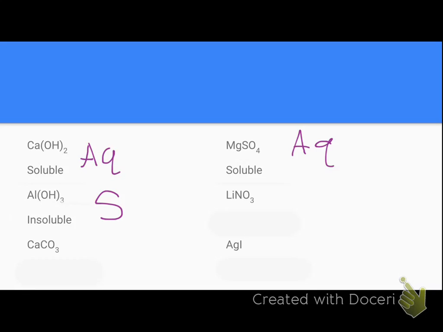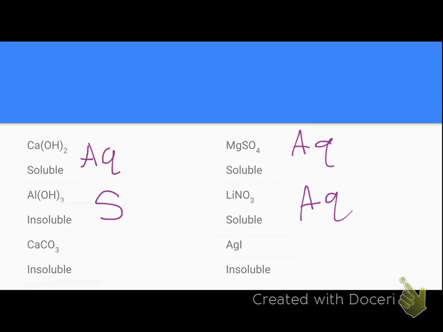Lithium nitrate, find nitrates on your sheet. All nitrates are soluble, so that means this is going to be aqueous. I want you to try the last two on your own. Pause it, check through your chart, come back, and take a look at the answers.